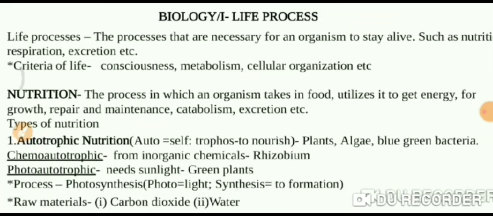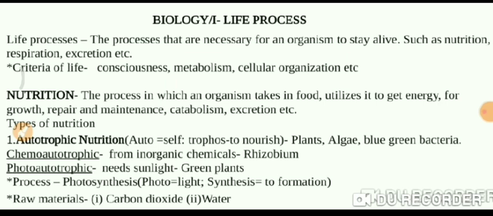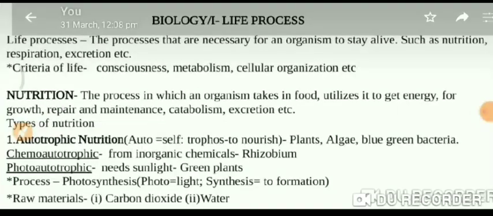Autotrophic nutrition is of two types. The first one is chemoautotrophic, the other one is photoautotrophic. Chemoautotrophic means from inorganic chemicals. The organisms which make their food from inorganic chemicals are known as chemoautotrophs, such as rhizobium. You might have heard about rhizobium.